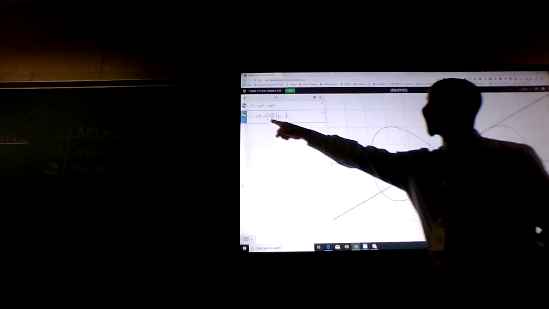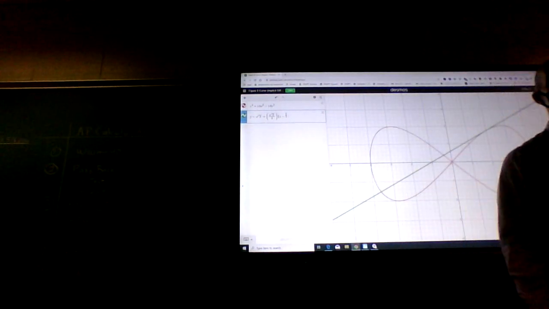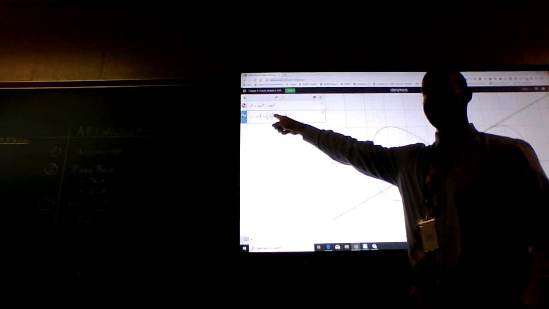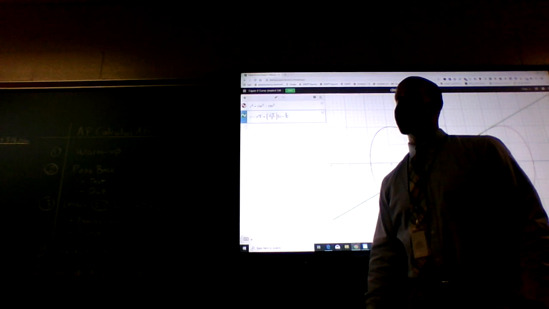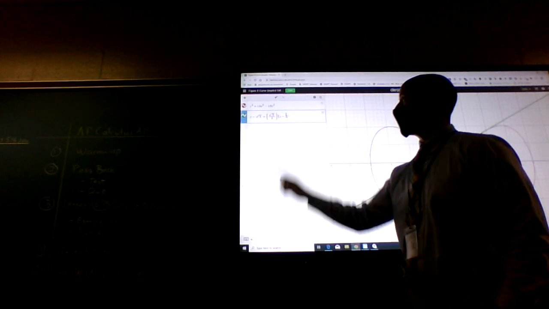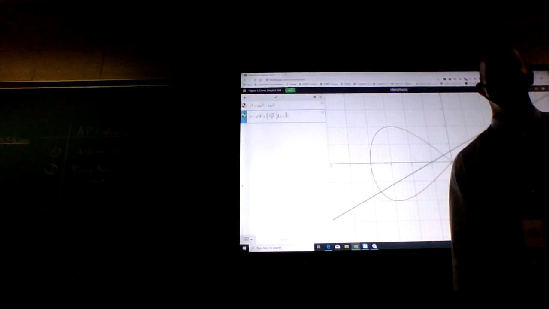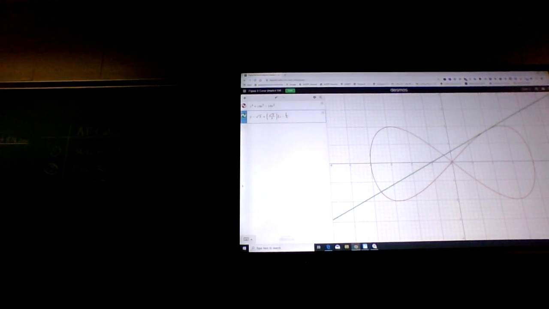Can you guess what this tangent line down here is going to be? What's going to change over here? Is this minus square root of 3 going to change? Yes. It'll become positive. Is this slope going to change? Yes. Can you guess what it's going to be? Negative. Is this 2 going to change? No. Okay, so let me type that one in.